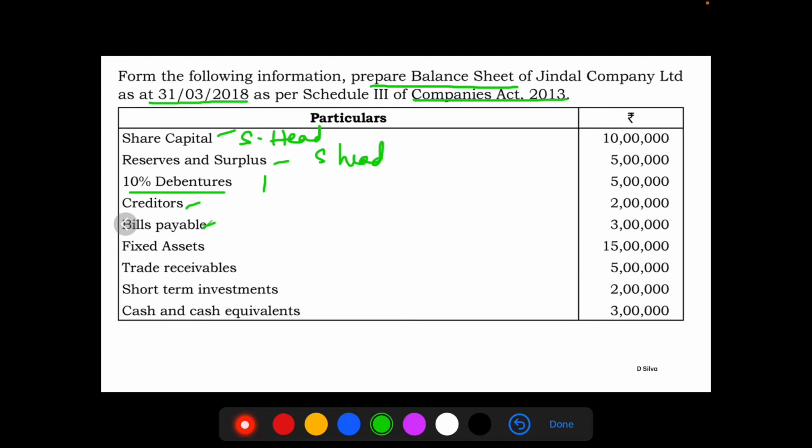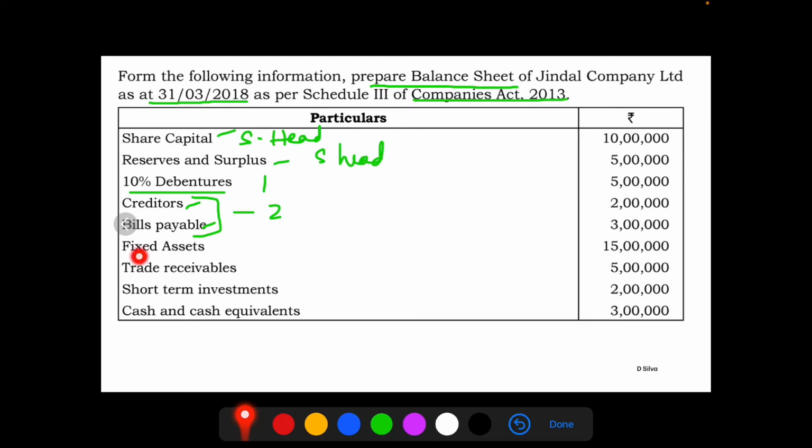Now, if you observe the previous video carefully, I have said bills payable will now be treated as trade payables. So creditors and bills payable both together, we will prepare a note to accounts under the heading trade payables.